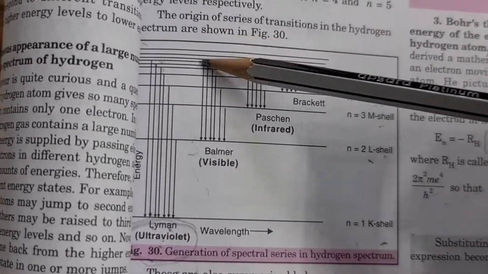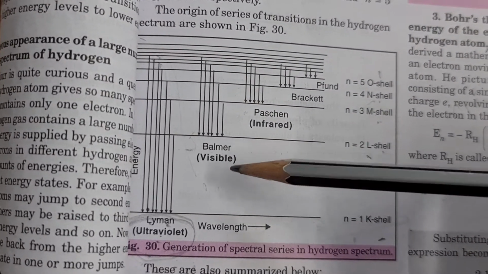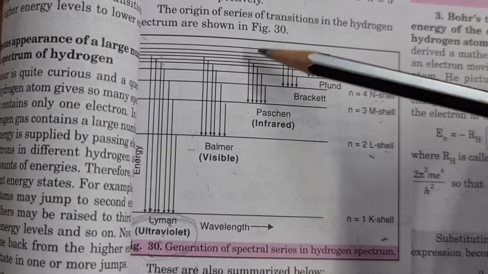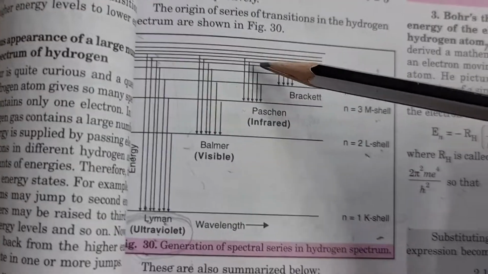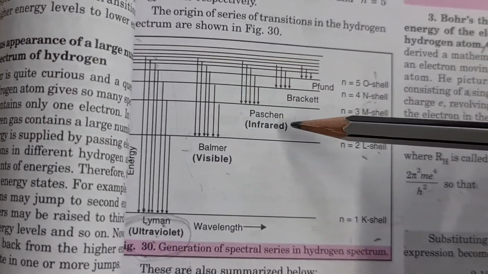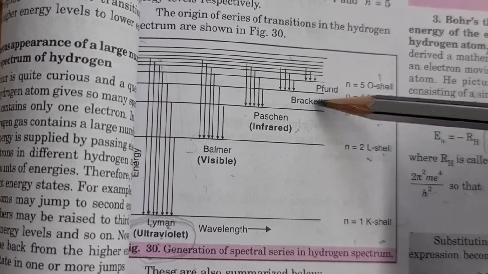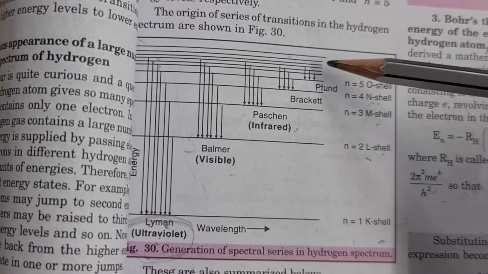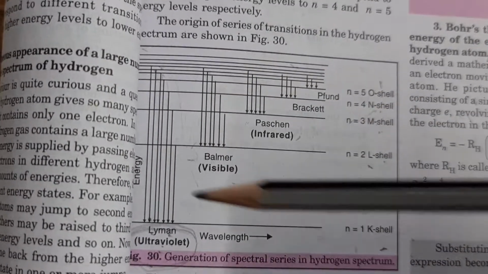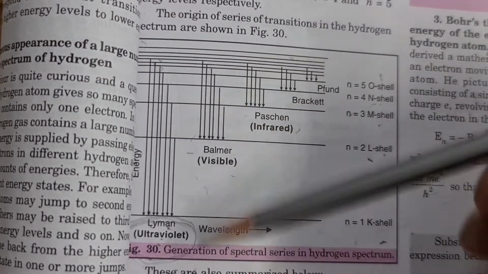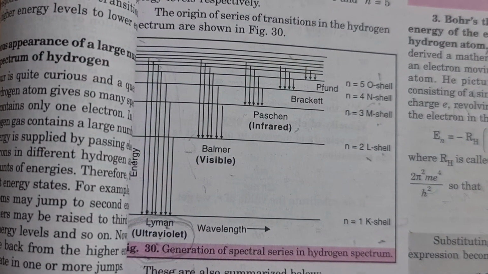And when electrons from higher energy levels jump to the second shell, it is known as Balmer series. When an electron from higher energies jumps to the third, it is known as Paschen. When it jumps from higher energy to the fourth, it is known as Brackett. And when it jumps from higher energy to the fifth shell, it is known as Pfund series. So all these lines which we are obtaining here give rise to the hydrogen spectrum.